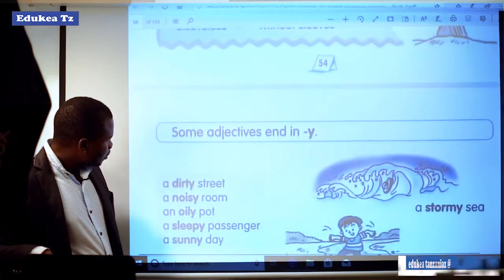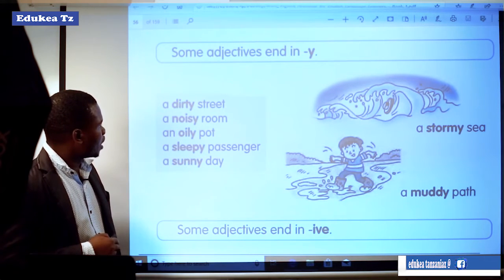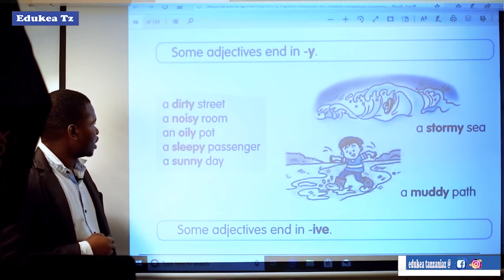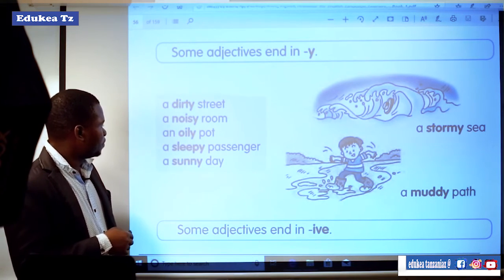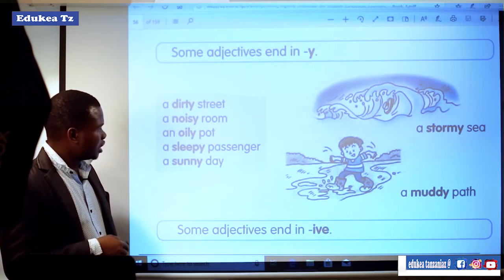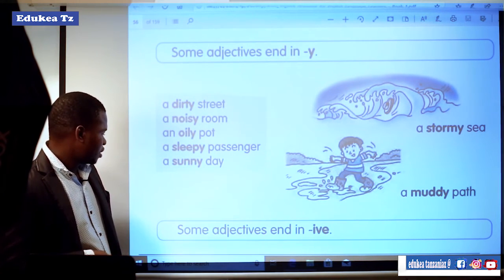And there are some cases in which adjectives end in y, like a noisy room, an oily pot, a sleepy passenger, a sunny day, a stormy sea, a muddy path.